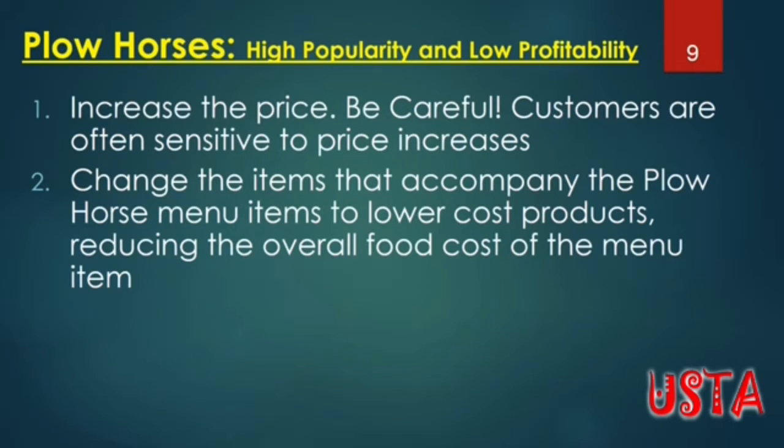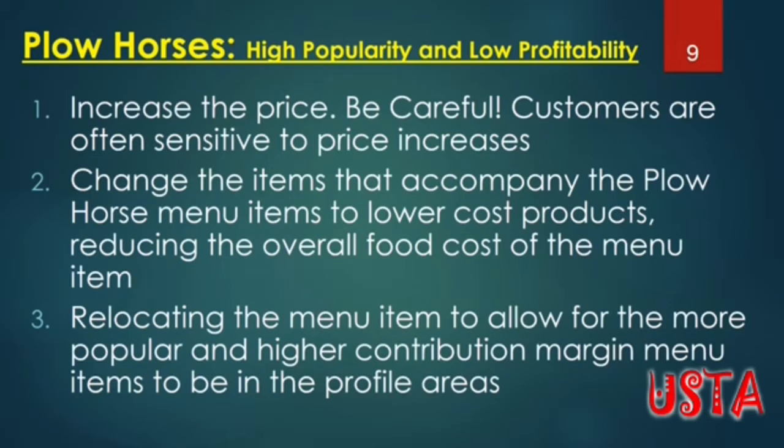For example, if this was an Italian sandwich, we might experiment with less expensive meats in the sandwich or cut back on the portion size of the meats in the sandwich. We could also watch the plates, see if the customers are leaving a lot of the menu item on their plates. If you have a lot of leftovers, they're throwing it away, which tells us that we should reduce the portion size and it won't really affect it that much. So those are some things we could do.